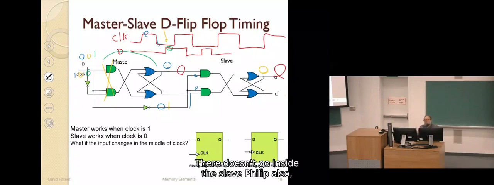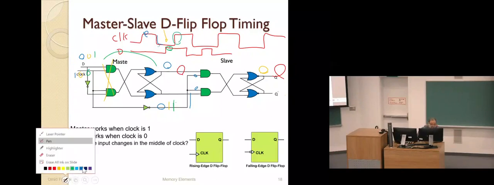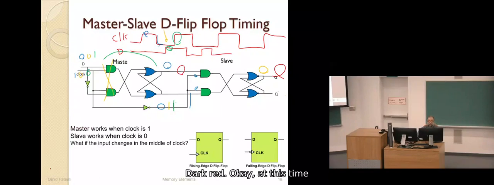And the slave flip-flop also, even if its clock is 1, since the input hasn't changed, nothing changed in the output. So it's still there, until we have 1 again in the clock. So let's say, for example, with dark red. Okay.